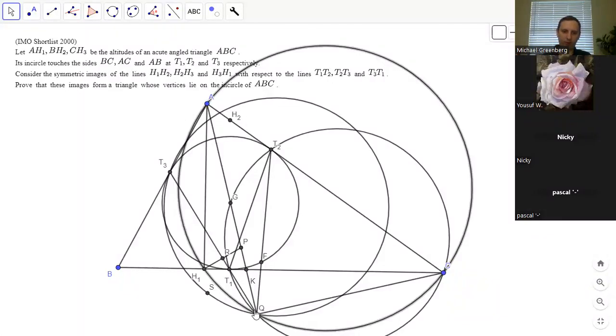So we could show T1QG is half of H1QA, and then that would show that this is an angle bisector. So we have Q1 bisected.